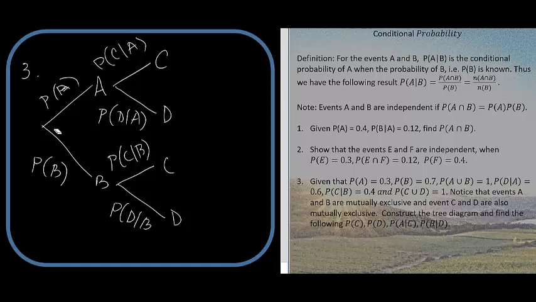First I see probability A is 0.3, so there I have 0.3, and this one I have 0.7. So altogether it is 1. Now you can see C given A, we do not have, we have C given B. So C given B is 0.4.